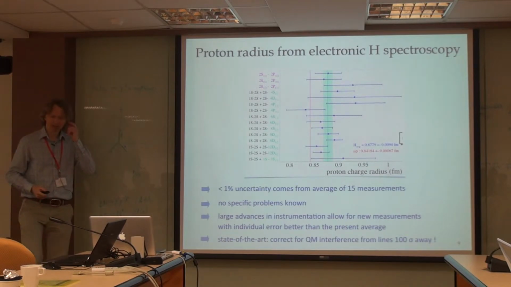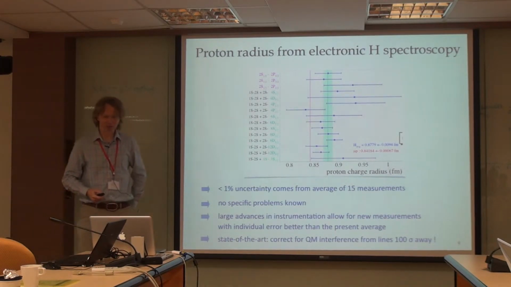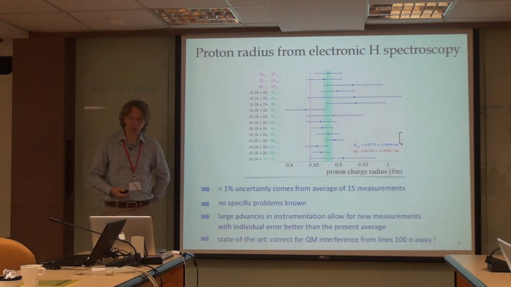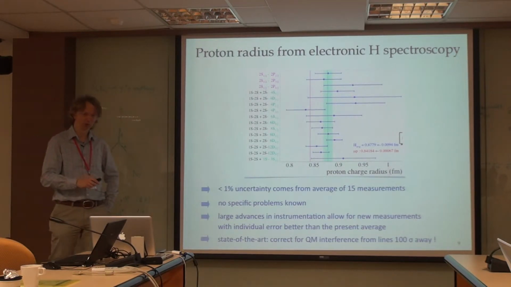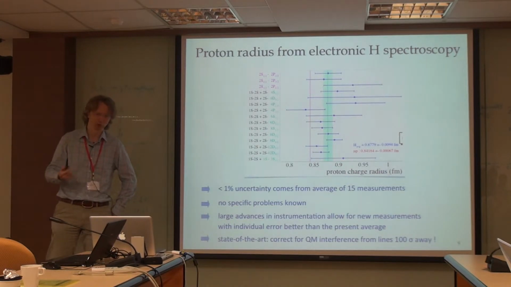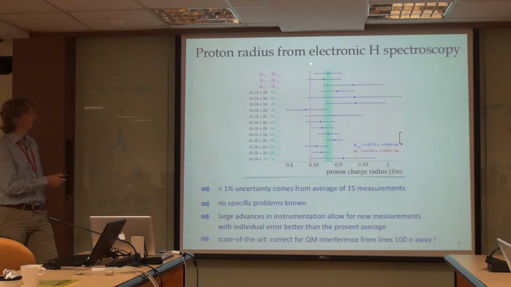Now, let's see how one can make sense of this, because it's an 8 sigma effect, so we should really understand this. Let's go back to the cases where you have electron systems, either electronic hydrogen spectroscopy or electron scattering. Let's start with electronic hydrogen spectroscopy. The value which is usually extracted is shown by this blue band.